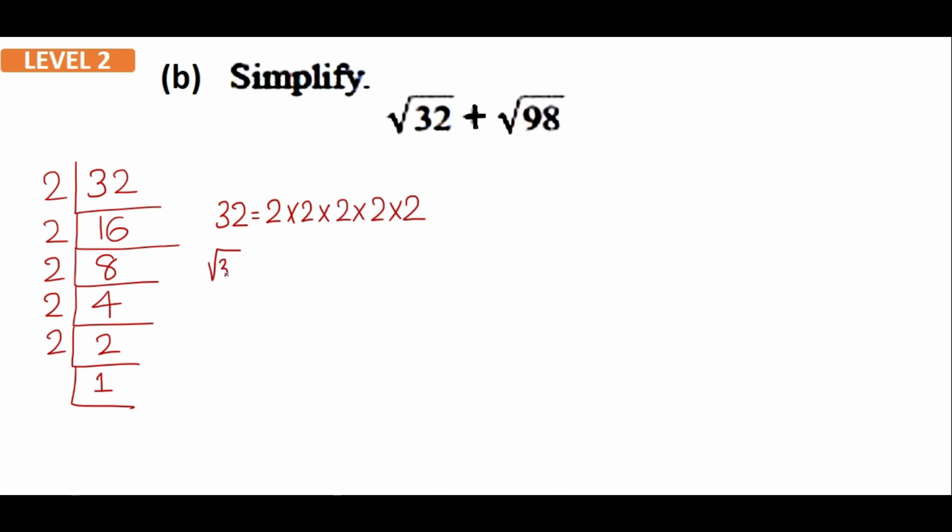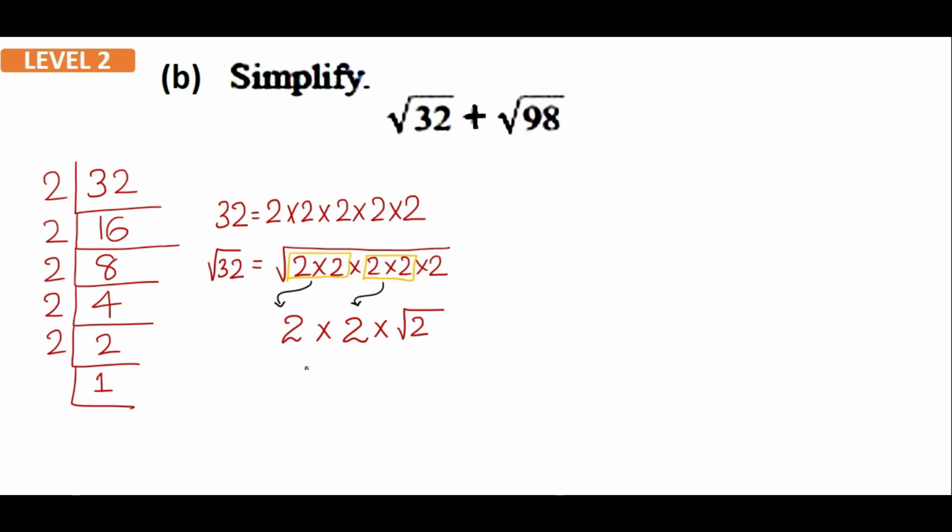So square root of 32 can be written with two 2s outside and inside I have a root 2. So finally my root 32 can be written as 2 times 2, which is 4 root 2. So I'll be replacing square root of 32 with 4 root 2.